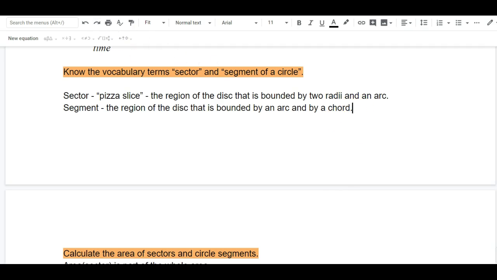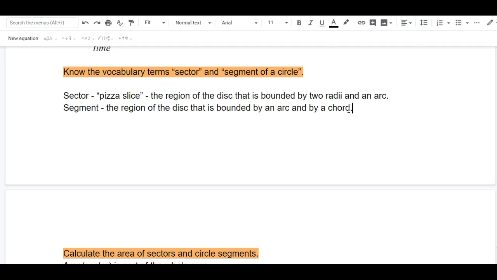I don't think we need to sketch that out. This is just a review, but sometimes, if it's been a few days, kids might forget or get those two confused. Make sure you know the segment of a circle is the region that's bounded by the arc and a chord.